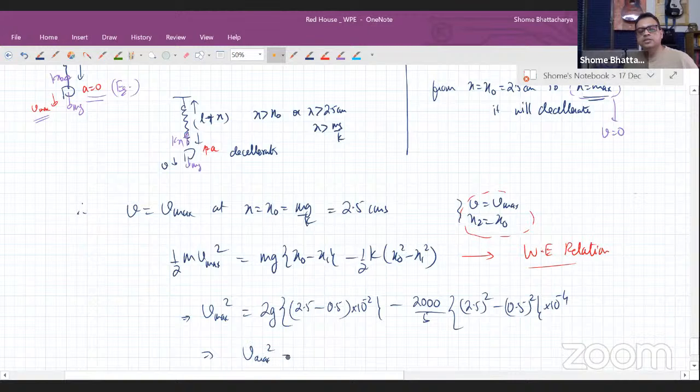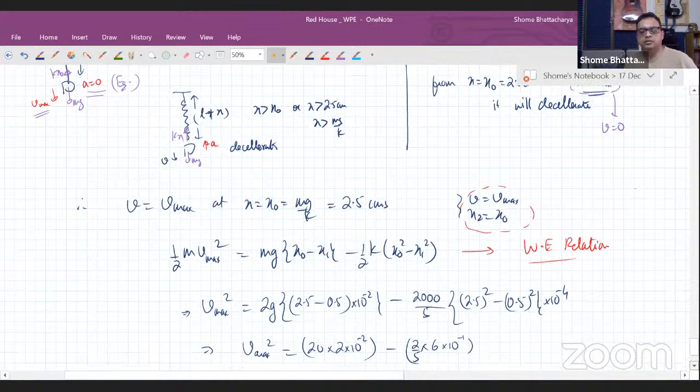So v max square here is becoming 20 into 2 into 10 raised to minus 2, minus 2 by 5 into 6.25 minus 0.25, so that will become 6, right, into 10 raised to minus 1.